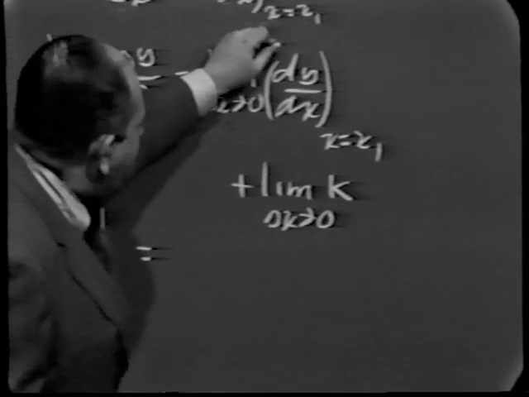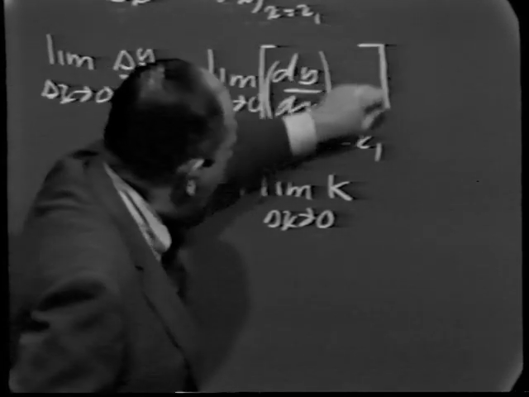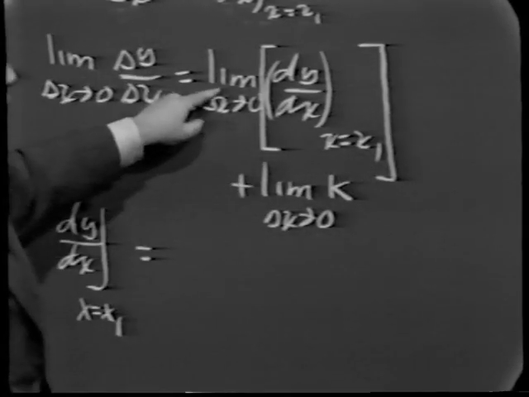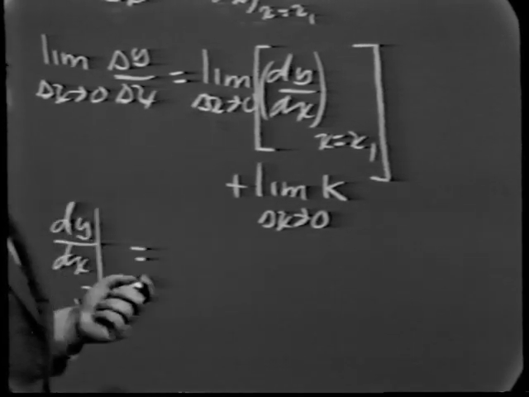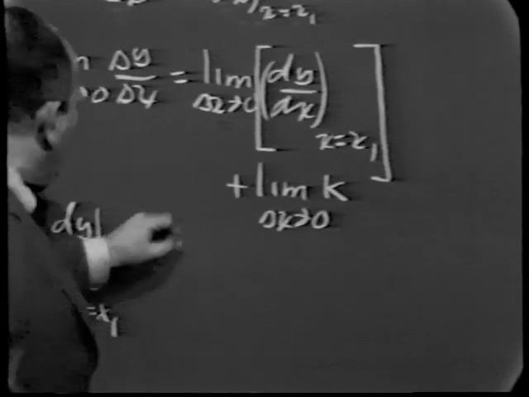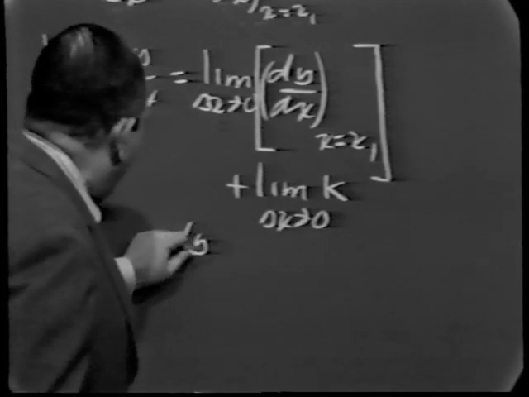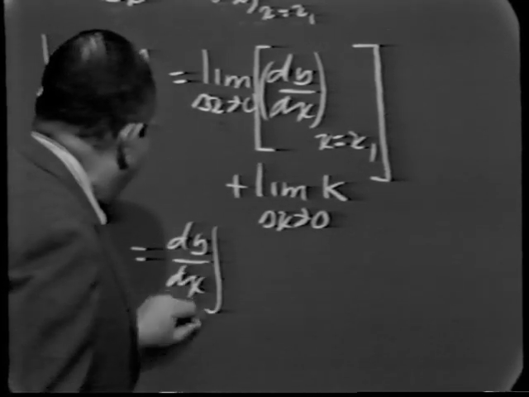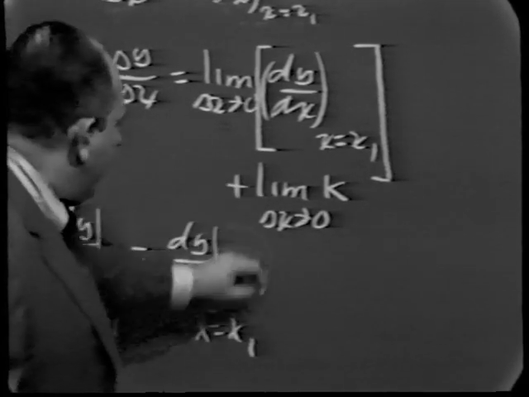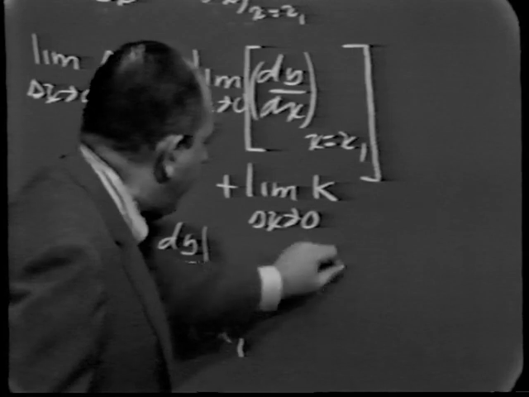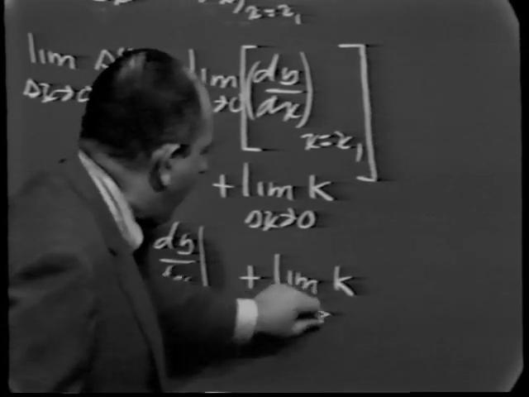Now, the fact that this is a constant, and we've already learned that the limit of a constant as delta x approaches 0 is that constant, this term here is also dy/dx evaluated at x equals x1. And of course, this term here is just the limit of k as delta x approaches 0.